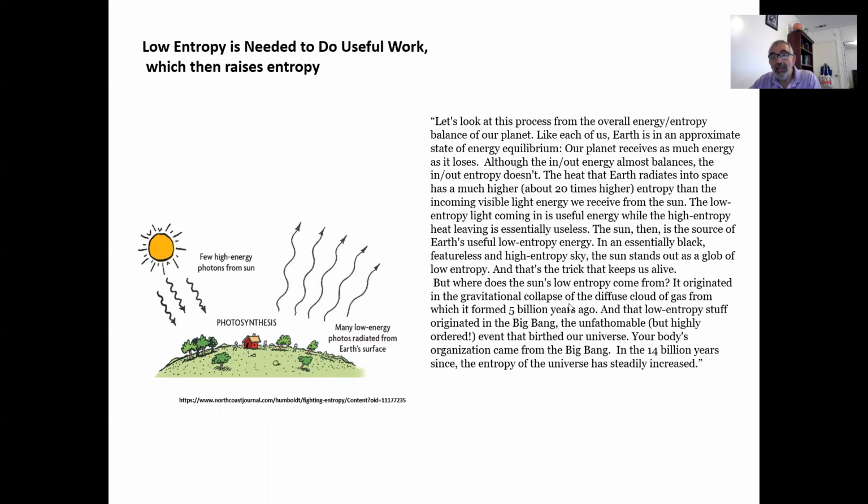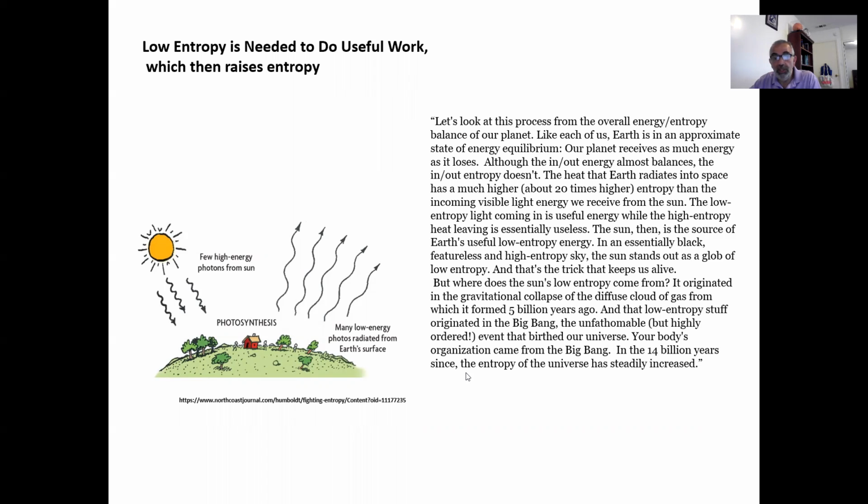It originated in the gravitational collapse of the diffuse cloud of gas from which it formed 5 billion years ago. And that low entropy stuff originated in the Big Bang, the unfathomable but highly ordered event that birthed the universe. Your body's organization comes from the Big Bang.